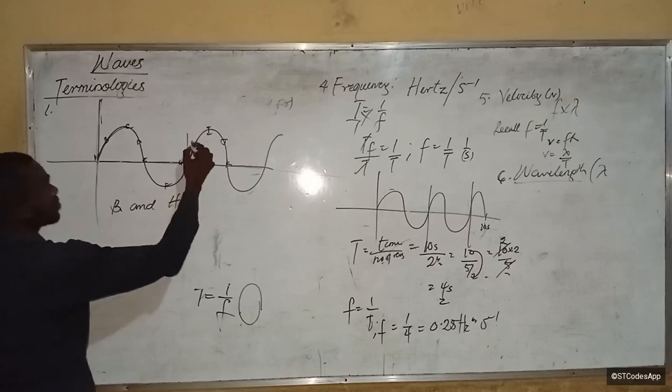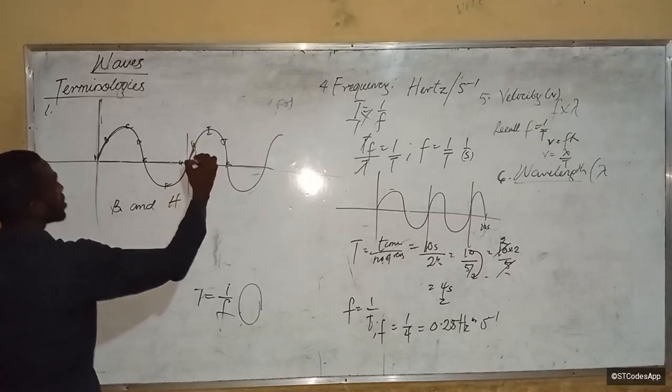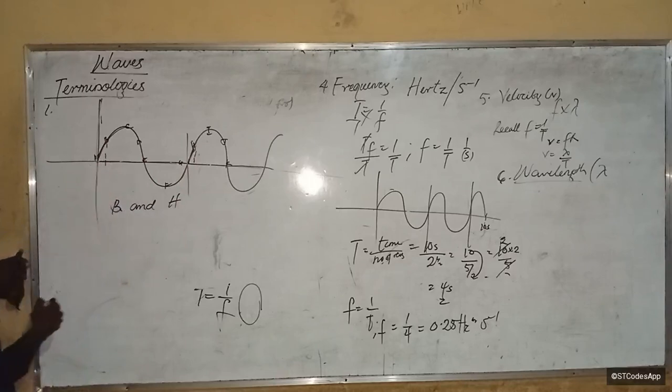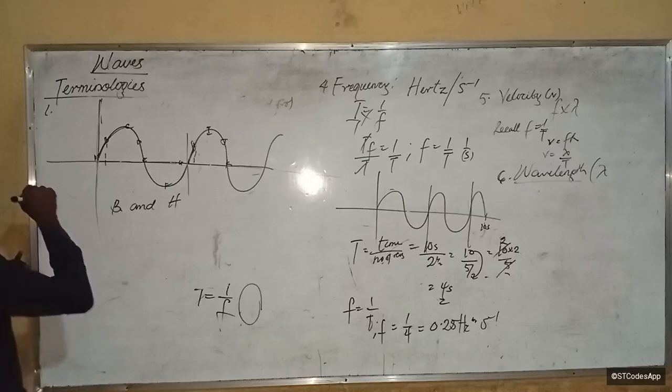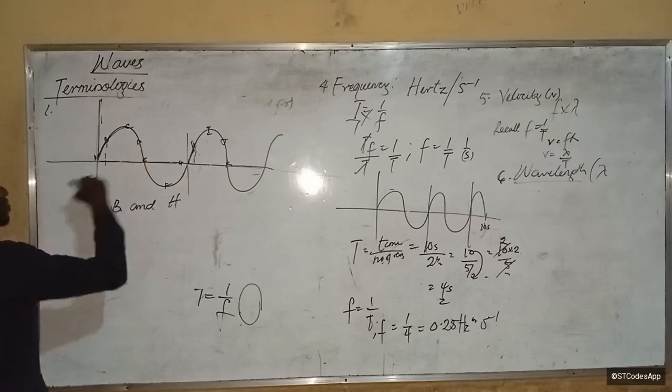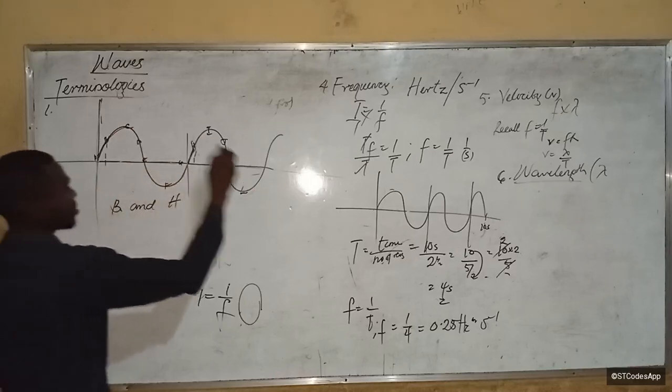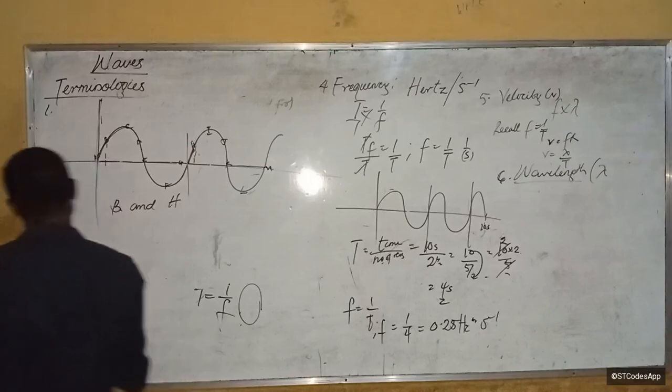So for it to climb to this point, it is also going to have the same attribute as A. Are you with me? The next one, D will be in phase with who? Exactly. You understand now? Alright.